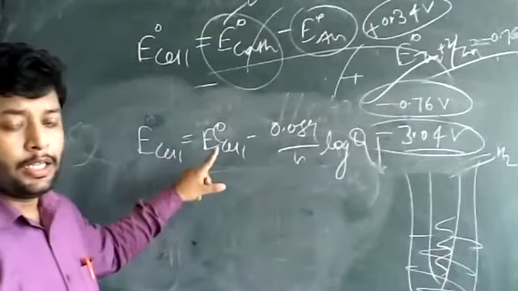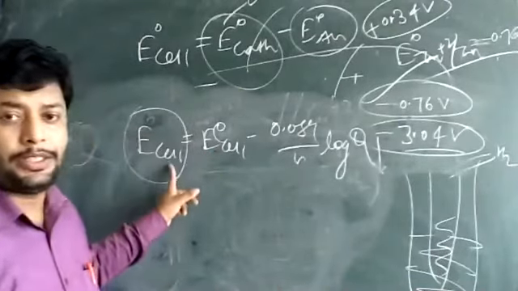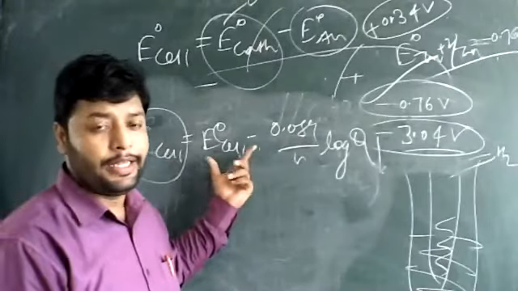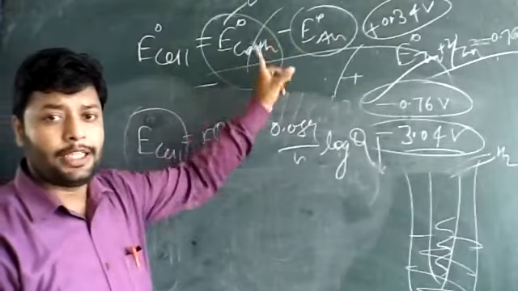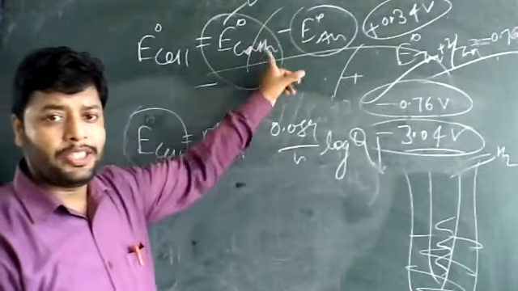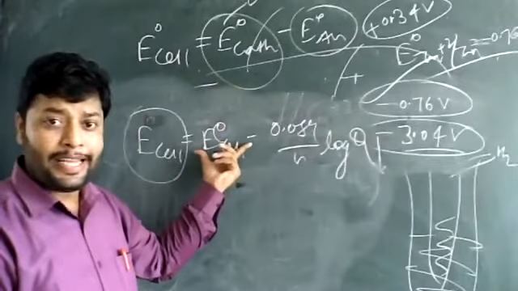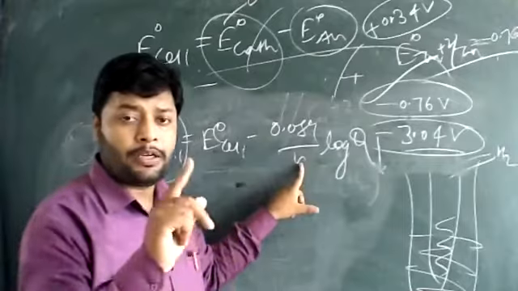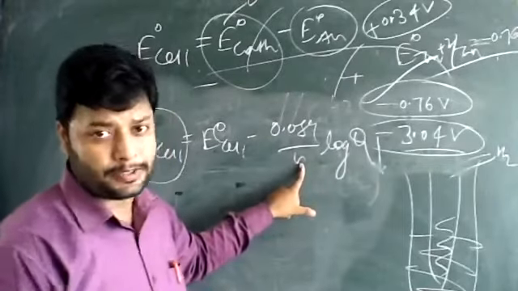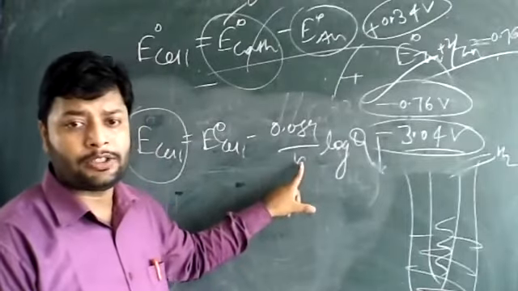Nernst formula. And by using this formula, we can calculate the cell potential at any concentration. We know E naught cell equals E naught cathode minus E naught anode. So by just putting the cathode and anode values, we can get the value of E naught cell. That can be utilized here to get the value of E cell. The n is the number of electrons involved in the process of redox, whatever the number of electrons involved, that is called n.